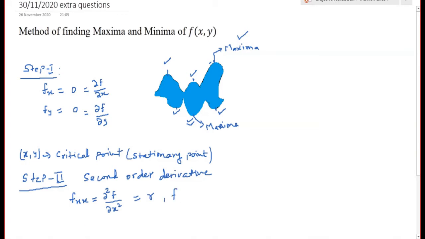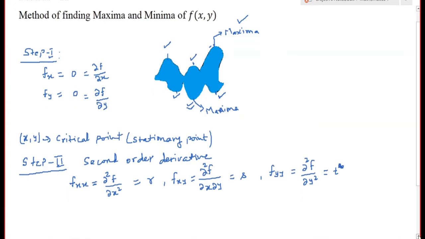Second one is f of xy, which is del 2f upon del x del y, and this is defined as s. And the last one is f of yy, that is del 2f upon del y square, and it is symbolically written as t.